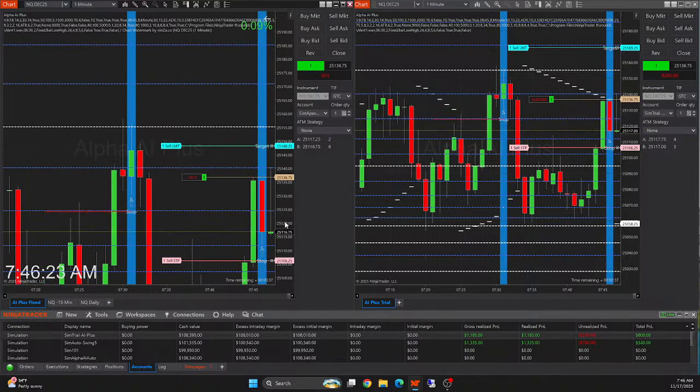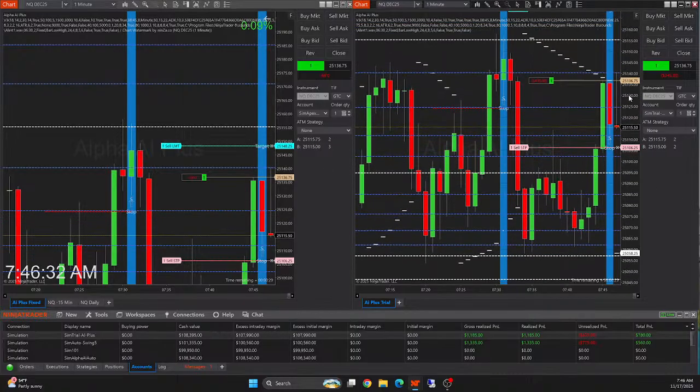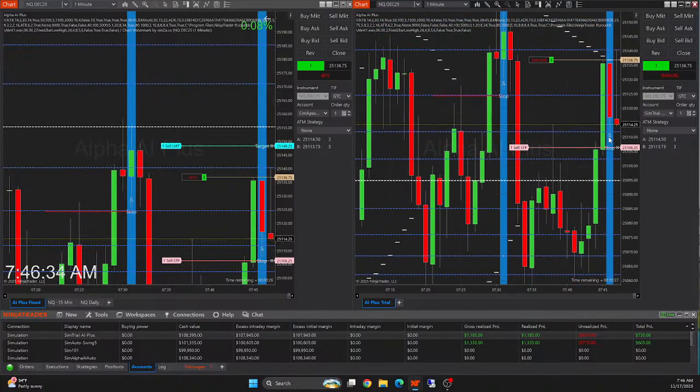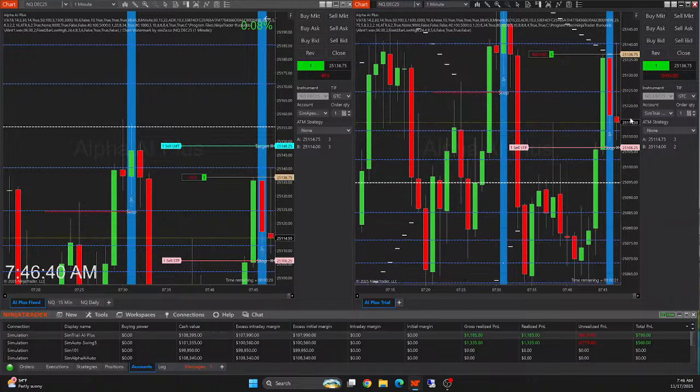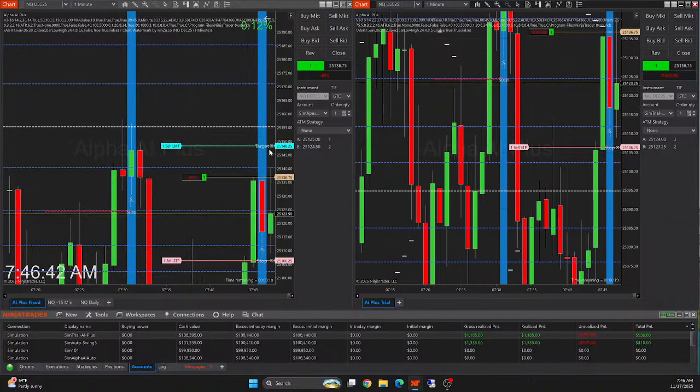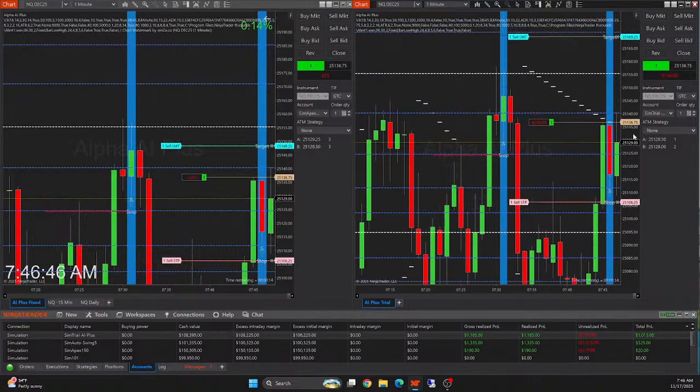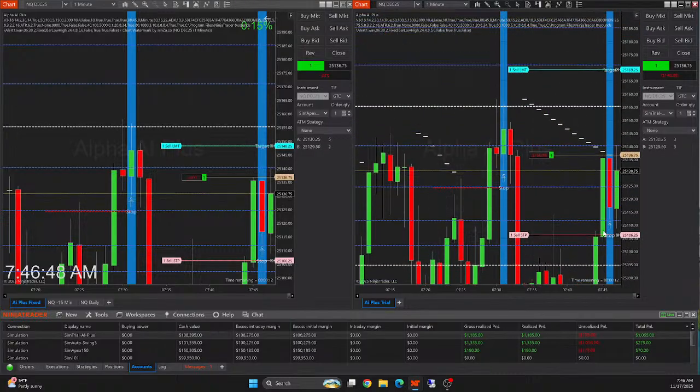With the 9 ticks, your entry should be above this line. So anyway, that's okay. It's a mistake. I should add my entry here because it is less than 20 ticks. But anyway, I'm in the trade now.